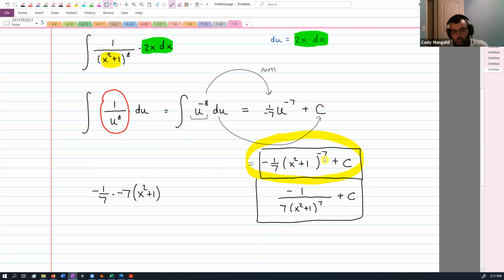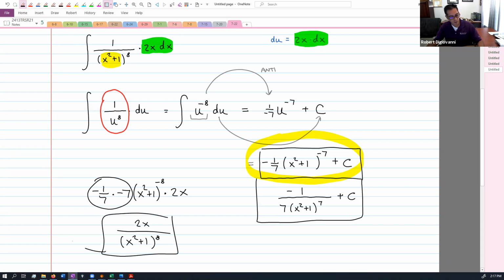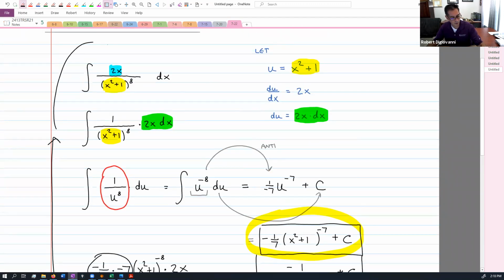Taking the derivative, -8, subtract 1, times chain rule, derivative of what's inside, 2x. And notice what happens out on the front, right? The -1/7 and the -7 all go away and just become a 1. So you're left with just this times 2x. And if you drop the x squared plus 1 down, this was the original, well, not there, one more line up. That was that.